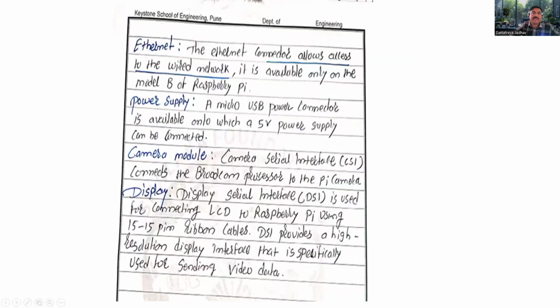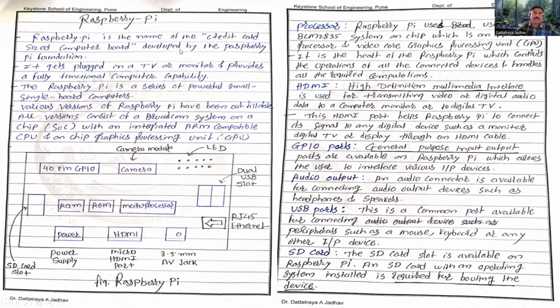So considering these components, Raspberry Pi contains a number of components like the GPIO, which helps to interconnect a number of input devices. It has an SD card slot, which helps to boost the processing capacity.